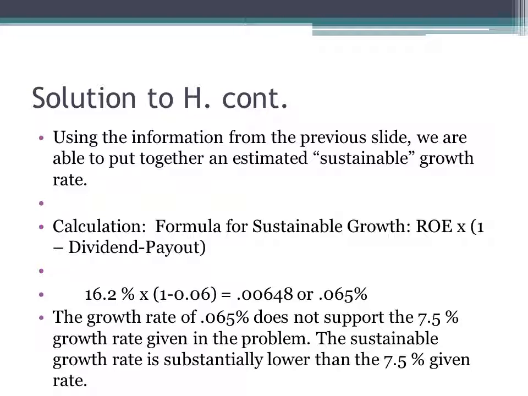The formula for sustainable growth rate is ROE times 1 minus the dividend payout. Using the information, we have 16.2% times 1 minus the 6% dividend payout, which equates to a 0.065 growth rate. The 0.065 growth rate does not support the 7.5% growth rate given in the problem.